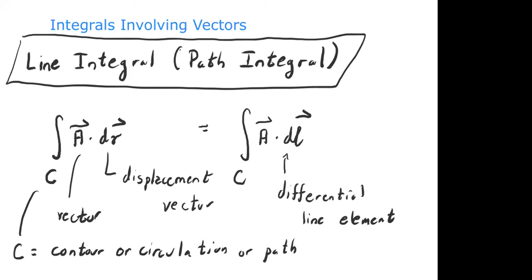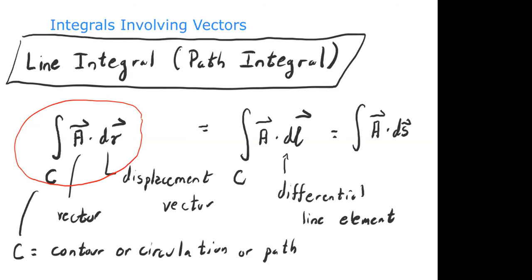I'm just going to use the convention here in discussing line integrals in this course. And finally, there's a third convention that people will use. Some people use lowercase s, ds, as a differential line element. All three of these are equivalent ways of writing down a line integral.